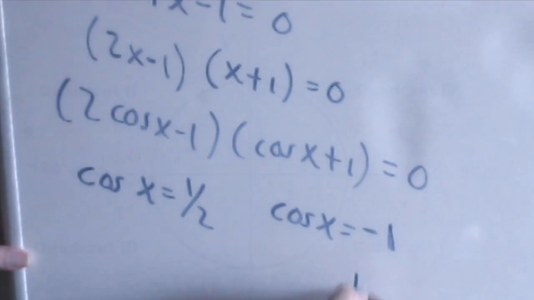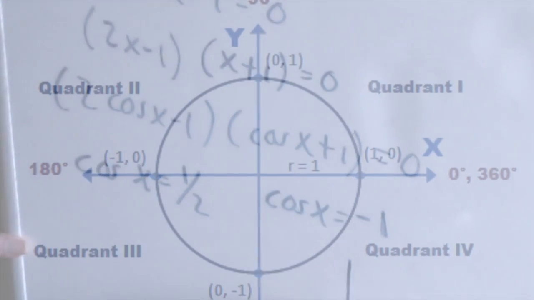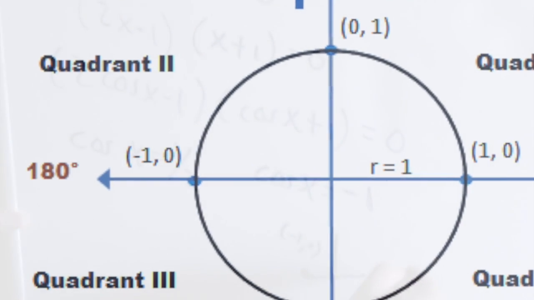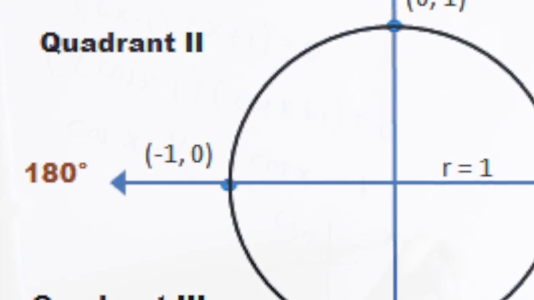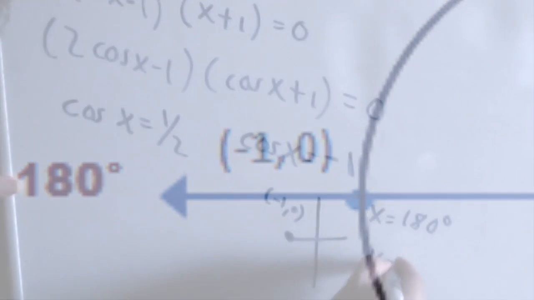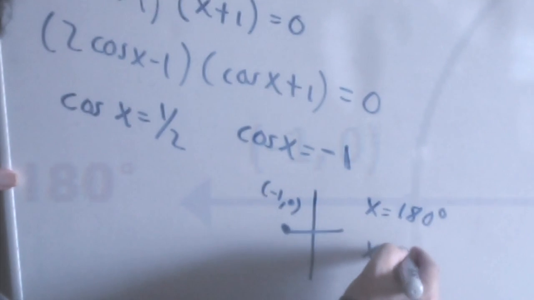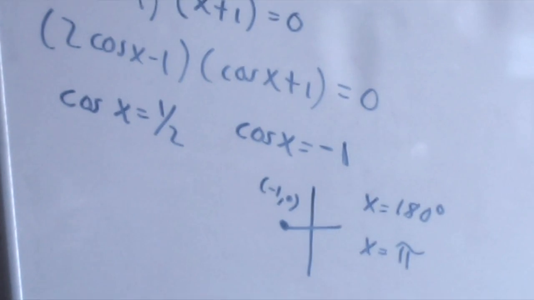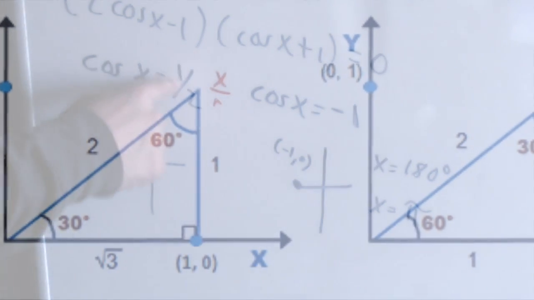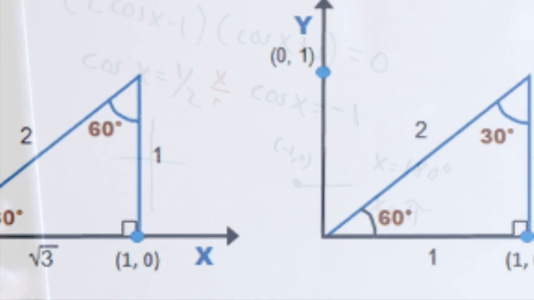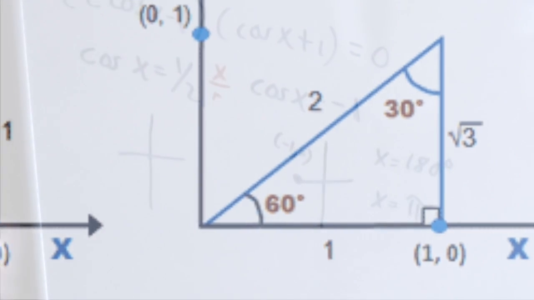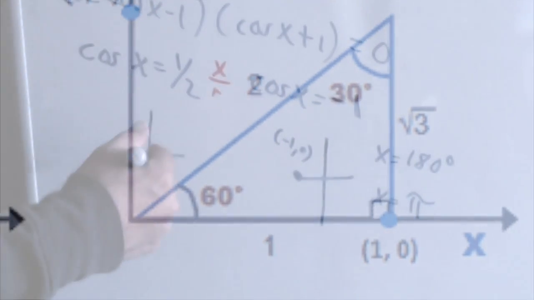So cosine x is -1 right here, because the coordinate is -1, 0. So this is x equals 180 degrees, and in radians this is x equals pi. Now for cosine equals 1/2, the x is 1 and the r is 2, so the triangle is 60 degrees. I have to find in which quadrants x is positive.